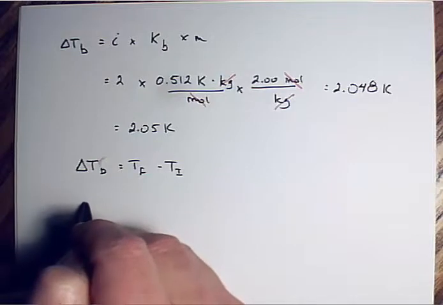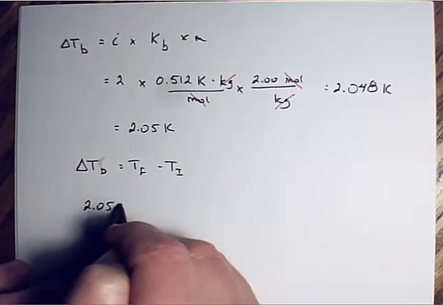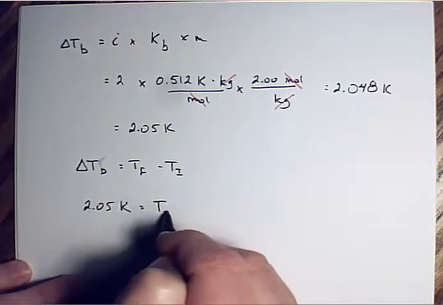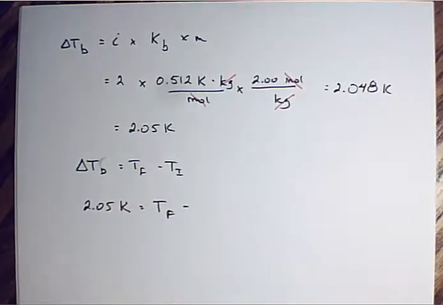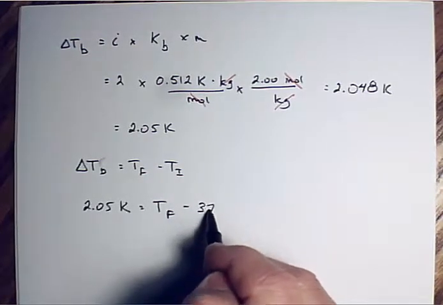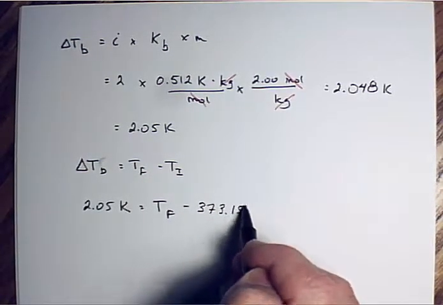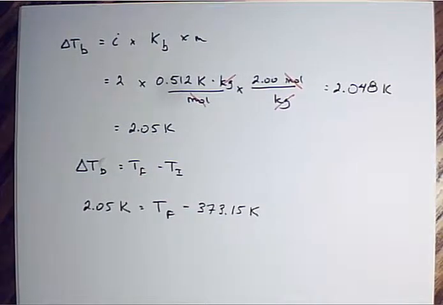So delta T sub B is going to be 2.05 Kelvin. Temperature final minus temperature initial. What's the initial temperature of boiling for water? 100 degrees C. What is it in Kelvin? No, that's its freezing. You add 273.15 to the 100. That'd be 373.15 Kelvin. Okay?